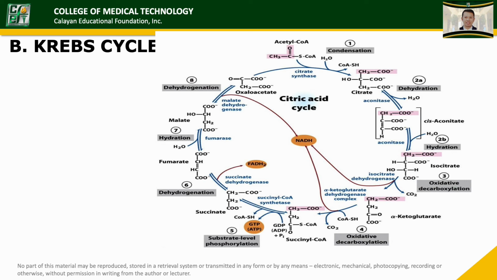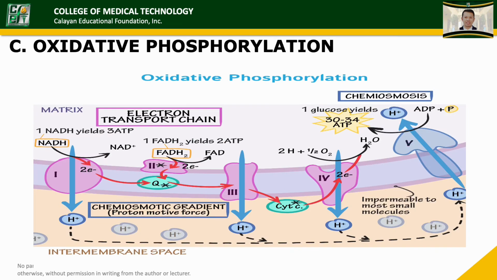All right. So let us now move on to the last stage, which is oxidative phosphorylation. Oxidative phosphorylation is done in order to couple the redox and phosphorylation reactions needed for ATP synthesis in the body.